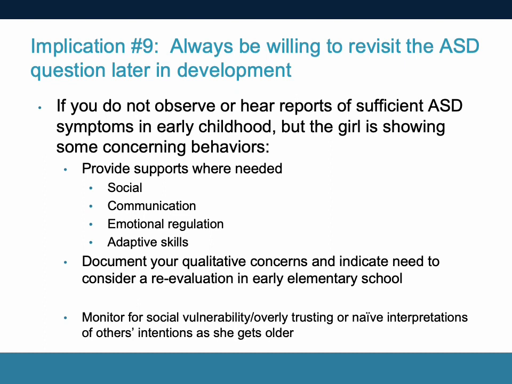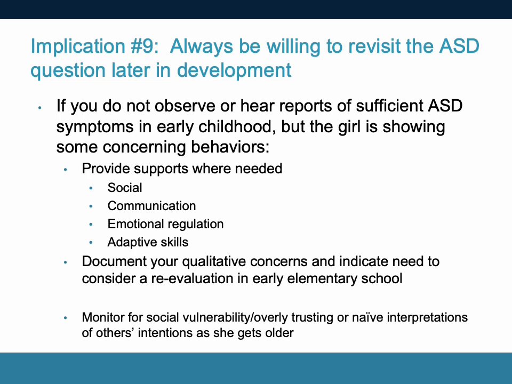And my last point, one of the things that we need to learn more about in the research is that there tends to be an increase in the social vulnerability or an overly trusting nature in many women on the spectrum. And so now one of the things that interventionists are considering in the field is how can we do a better job at, while trying to encourage, of course, trusting other people, helping girls develop better social cognition skills.